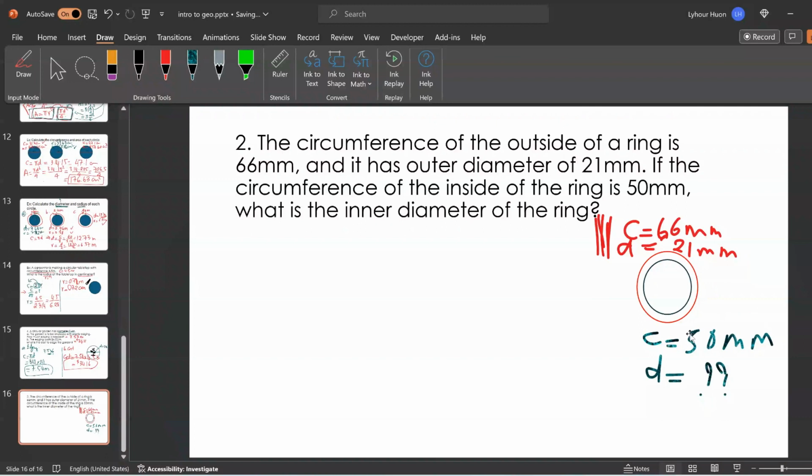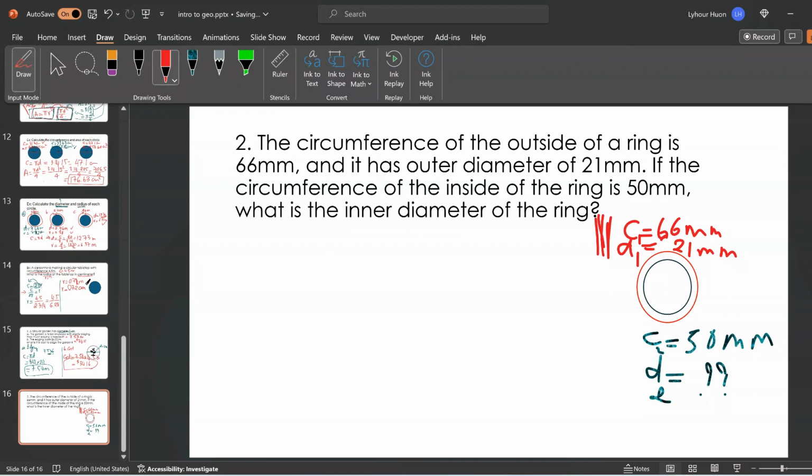So to write this, let's say the big one is C1, D1. The small one is C2, D2.